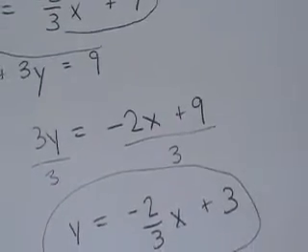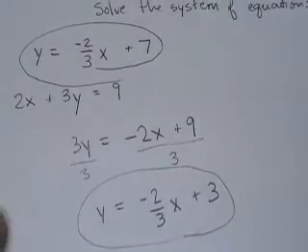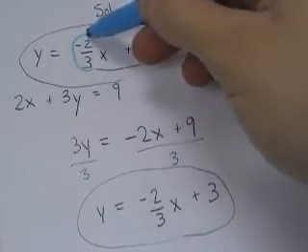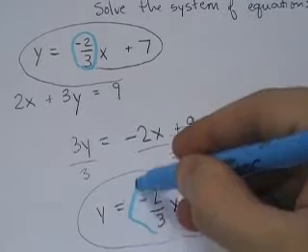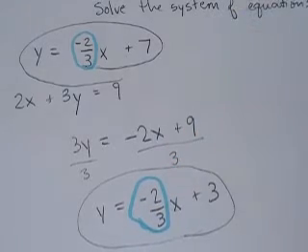these lines look parallel. Well, if you go back to the two equations, I want you to notice that the slope of the first equation is negative 2/3, and the slope of the second equation is also negative 2/3. When two lines have the same slope, that means they are parallel.